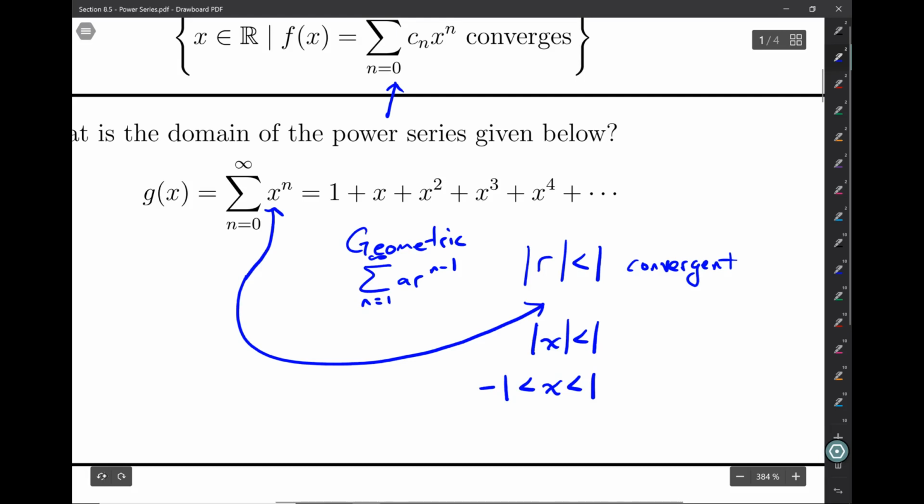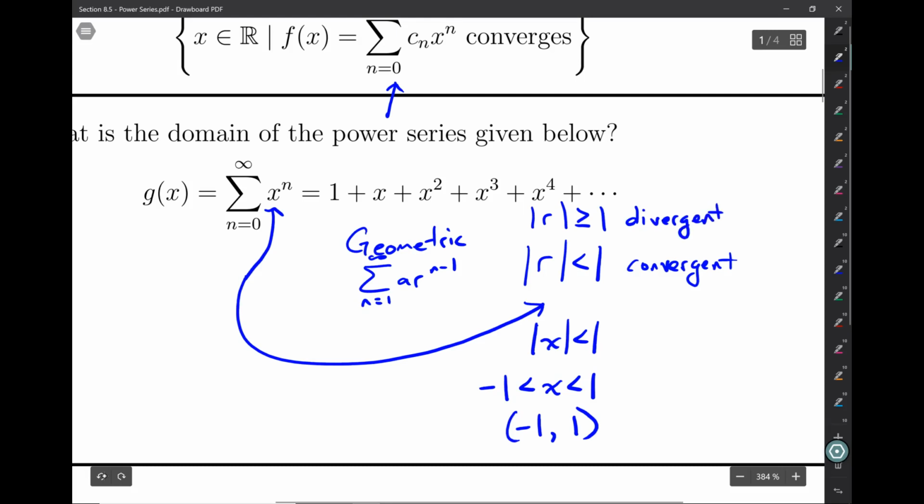And just so that we will be looking forward quite a bit, we're going to be dealing with intervals a lot in this particular video. So let's go ahead and express -1 is less than x is less than 1 as an interval. That is the interval from -1 to 1. Something that was also nice about geometric series is that if we had that the absolute value of r was greater than or equal to 1, we actually ended up with a divergent series.